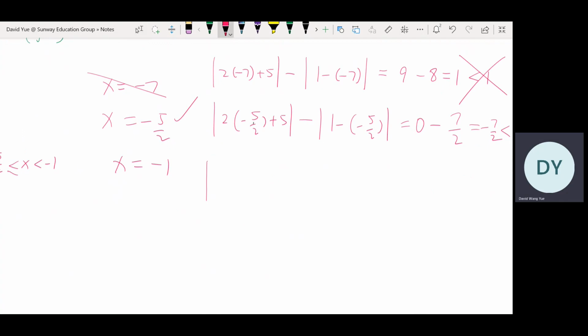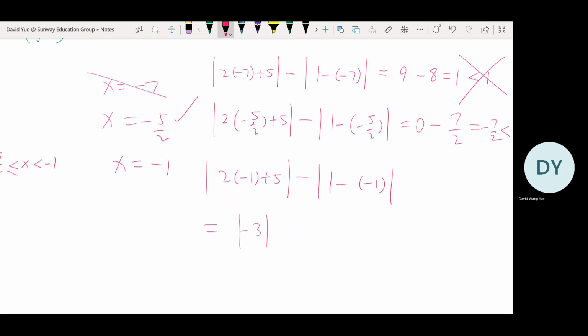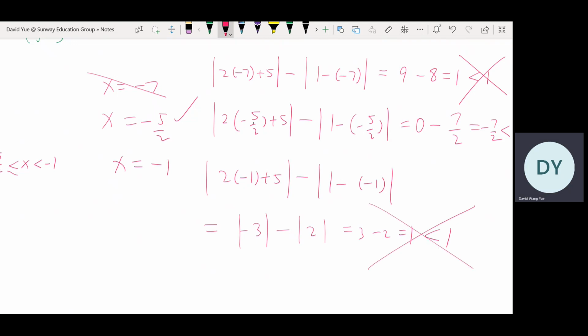And then if it's -1, no, it cannot be -1 because here it is not less than 1, but equal to 1.